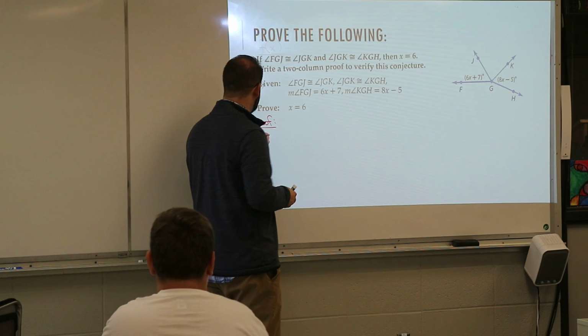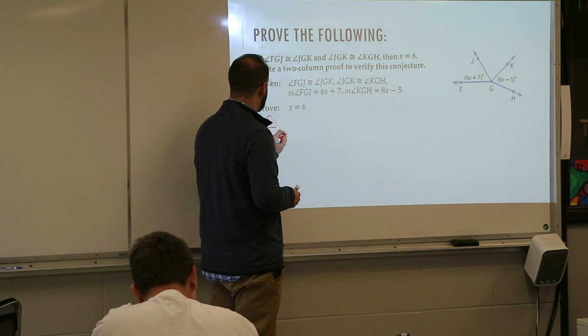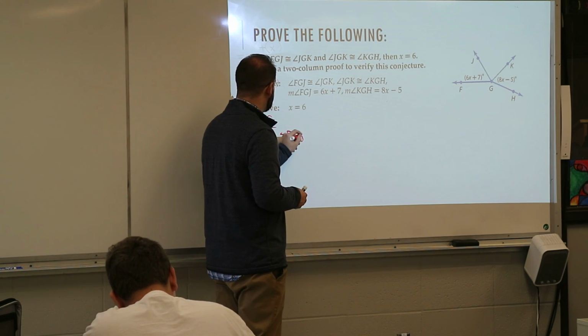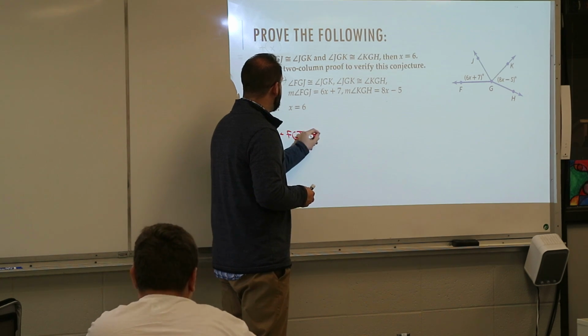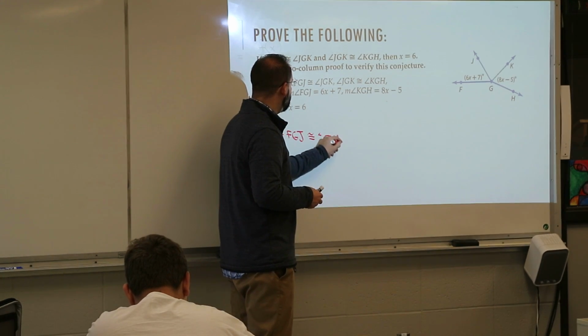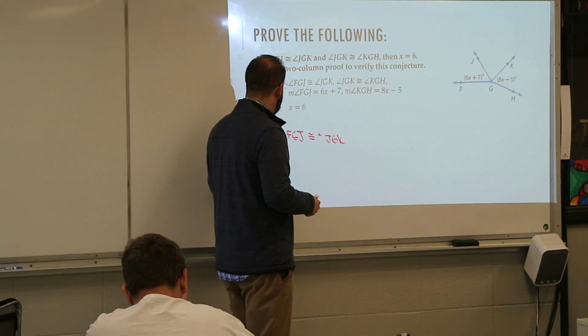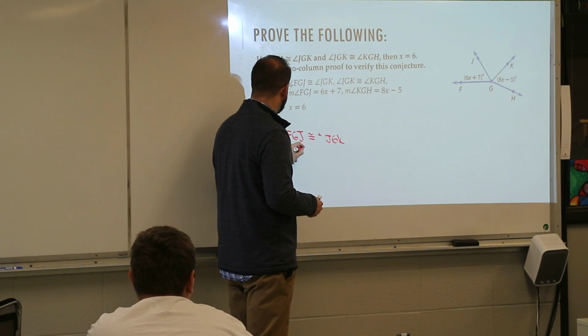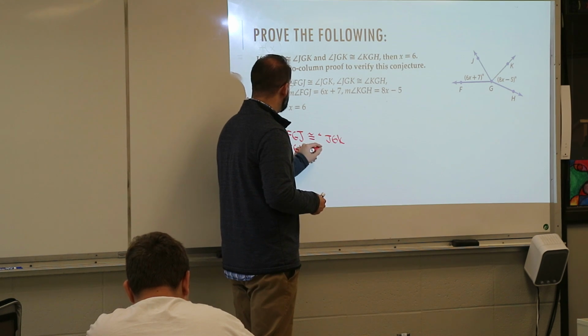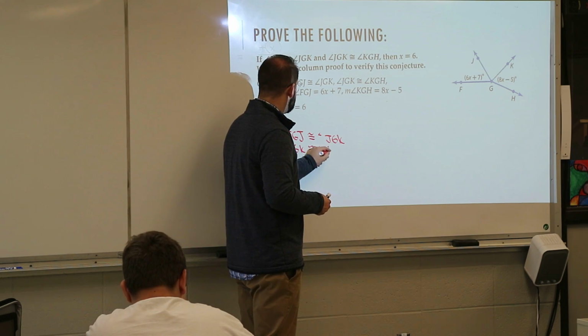Okay? So in line number 1, I have to write that angle FGJ is congruent to angle JGK. We also have to have that angle JGK is congruent to angle KGH.